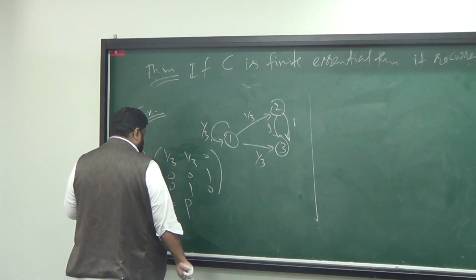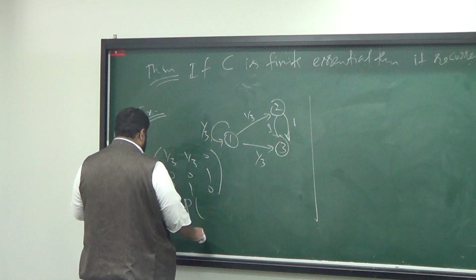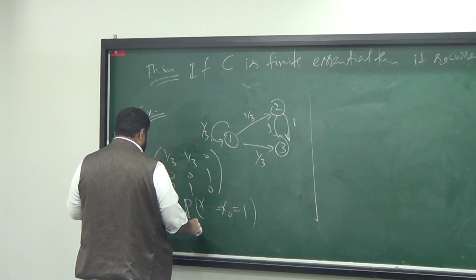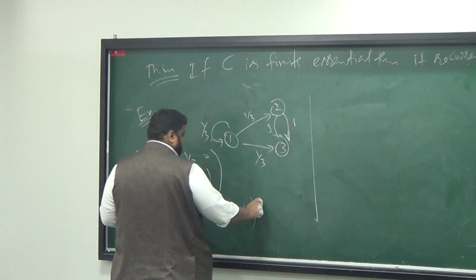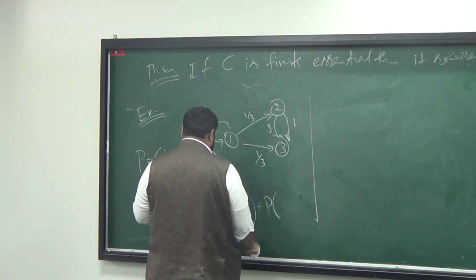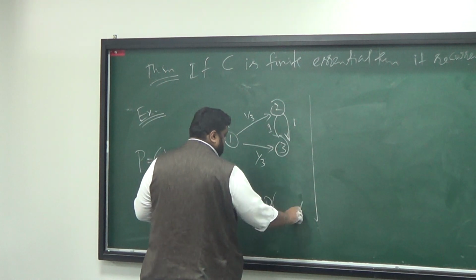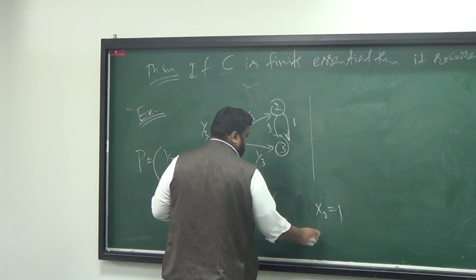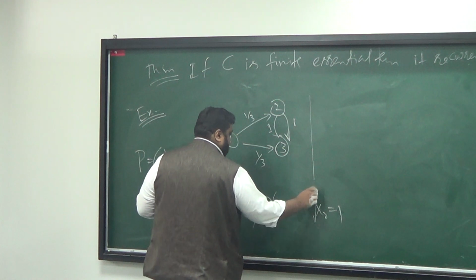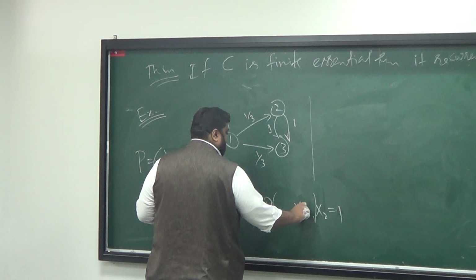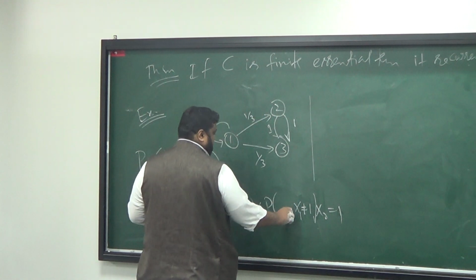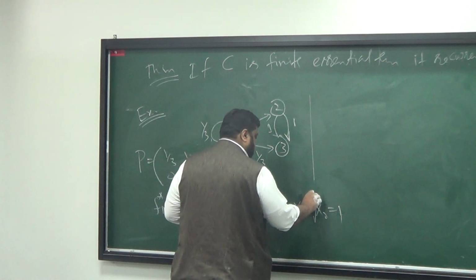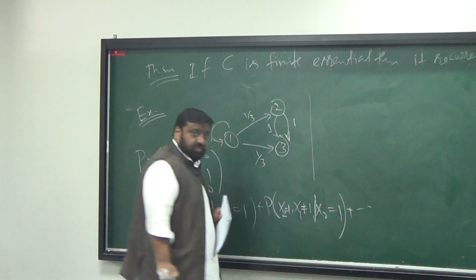It's the probability that you are in state 1 and you return back to state 1, plus the probability that you were in state 1 in the beginning, in the next step you are not in state 1, and then in the second step you are back to 1, and so on and so forth.